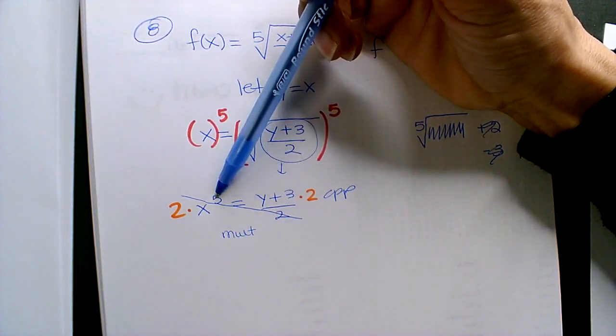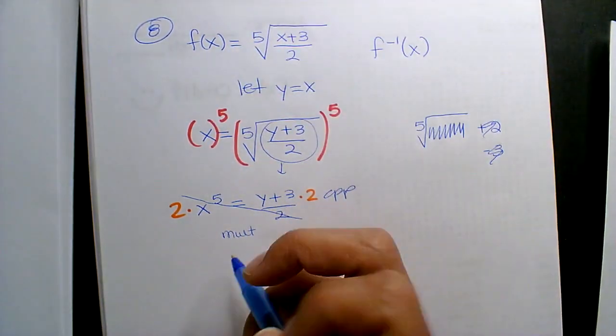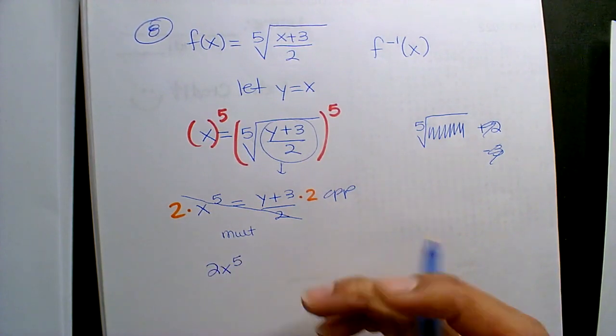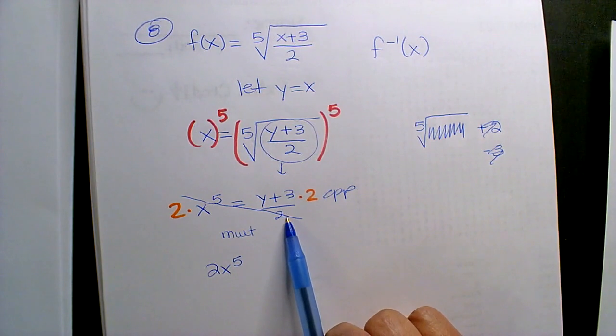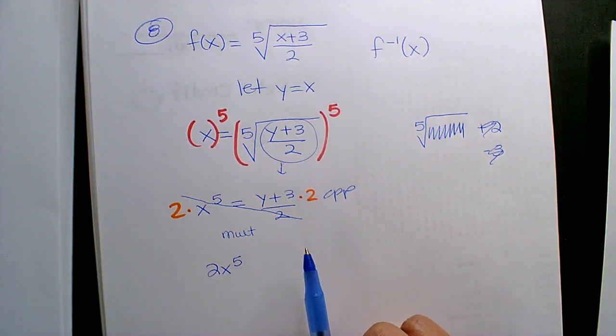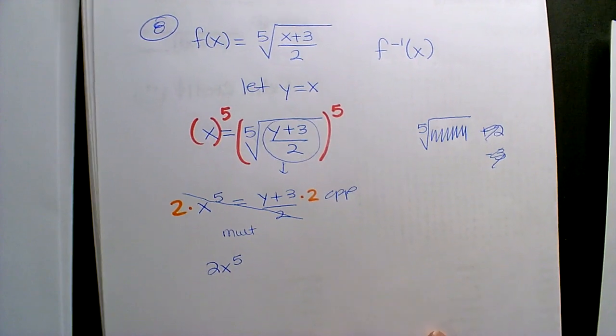So 2 times x to the fifth is 2x to the fifth. So whether you want the cross product property or you want the reciprocal, it's up to you. The higher you get in math, there are many ways of solving it which are correct. So you don't have to solve it one way.